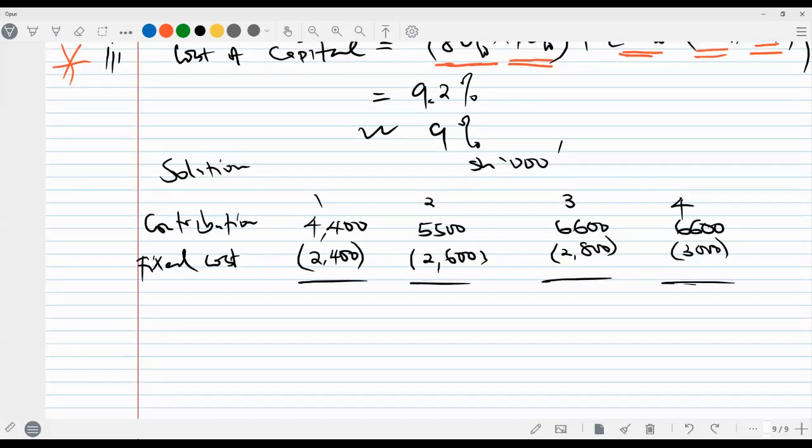Okay, so what remains is 2 million. This is 2.5. That is 6. Year 2 is 2.9.